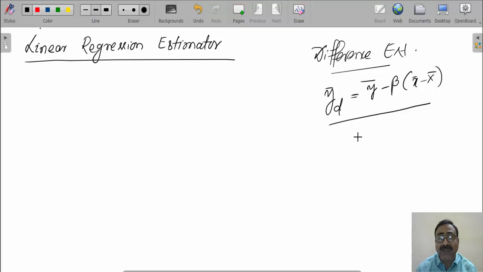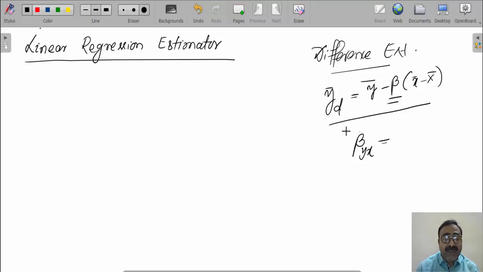That means it will attain the minimum variance when we use β_yx in place of β, that is the population regression coefficient of y on x.